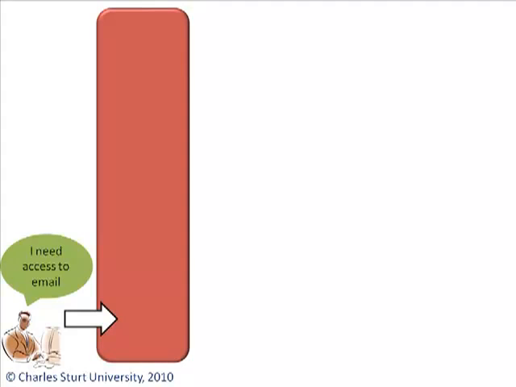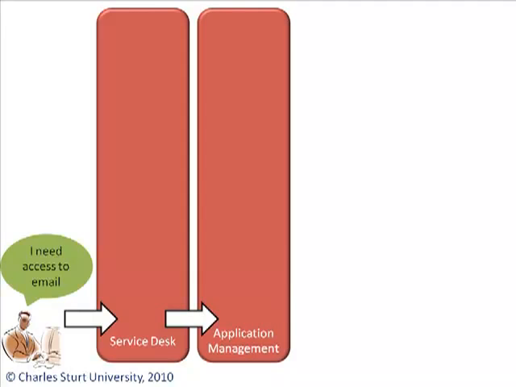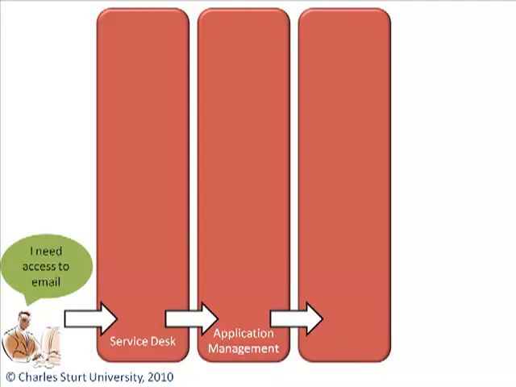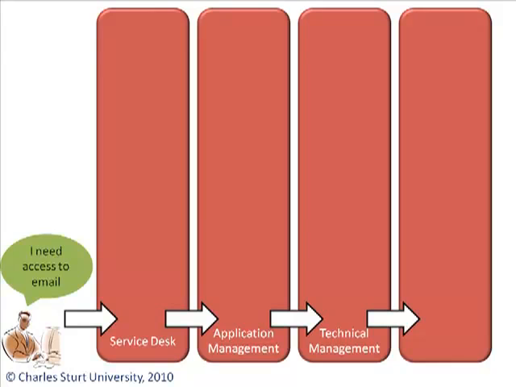Here's a visualization of the process access management. Here I've got a user, and this user needs access, for example, to the service email. The user may approach initially the service desk as a function. If the service desk can't provide access to email, they may have to assign the request to another function, for example application management, technical management, or IT operations management.